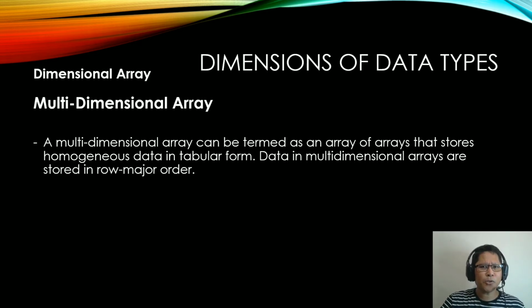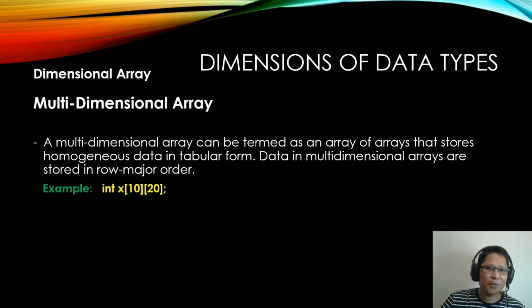The two-dimensional array is the simplest form of a multi-dimensional array. So we have an example here: int x, with an array of 10 and 20. So this is index 1 and index 2. In index 1 we have 10, and in index 2 we have 20.